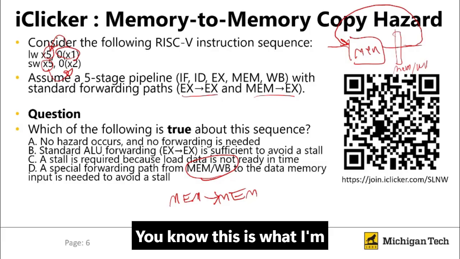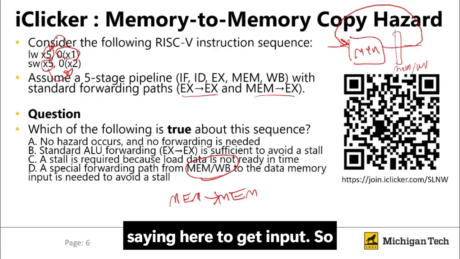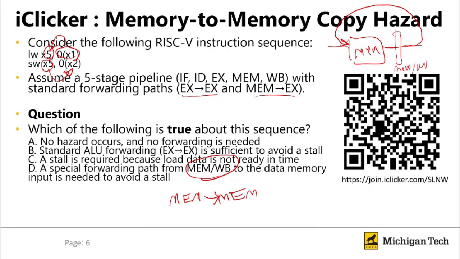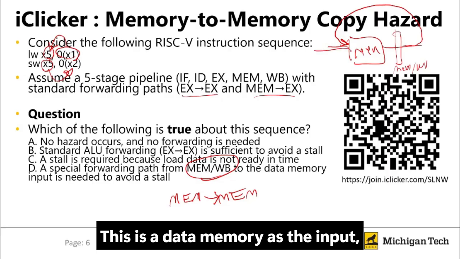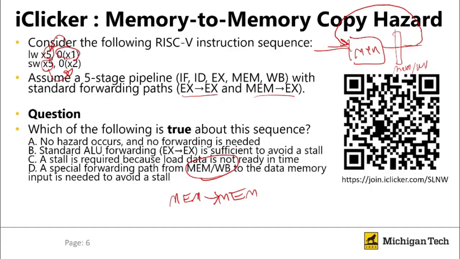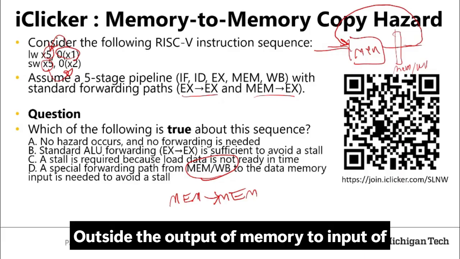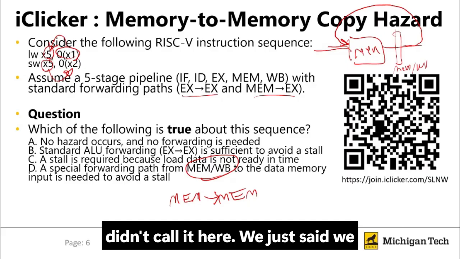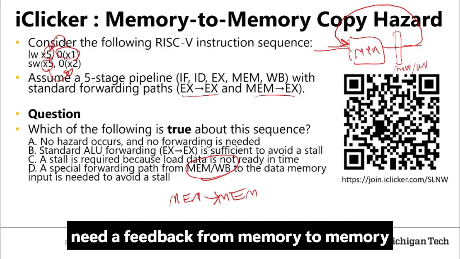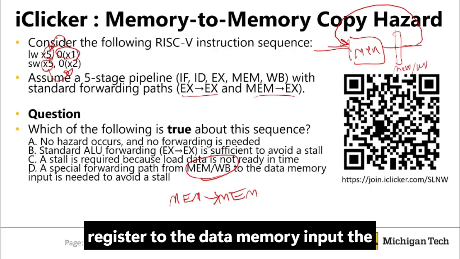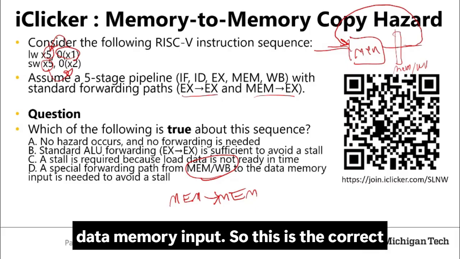This is a data memory input. So you need to have one feedback from the output of memory to the input of memory. We just said we need a feedback from the memory write back register to the data memory input. So this is the correct answer.